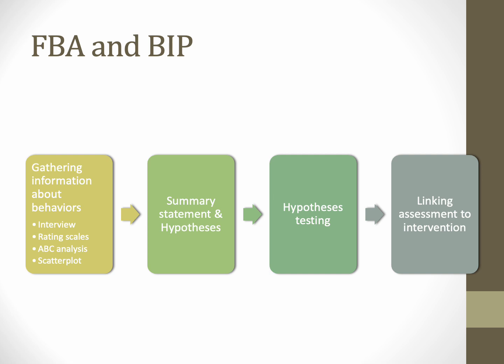It's called hypothesis, right? So you will come up with a hypothesis, and then you have to test to see if your hypothesis is true. And then those information will be linked to the intervention plan. It's called BIP. So that's the things we are going to talk about today.